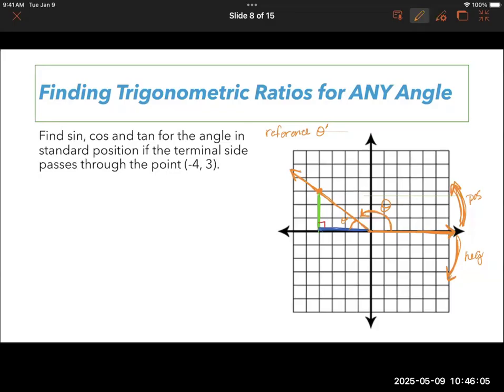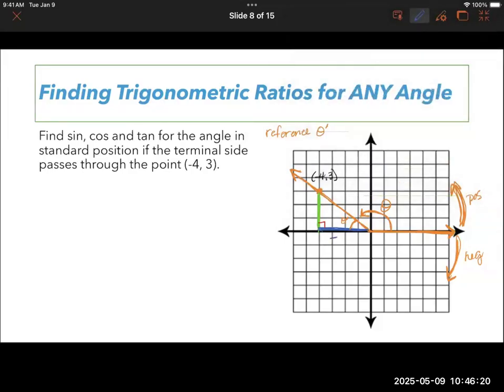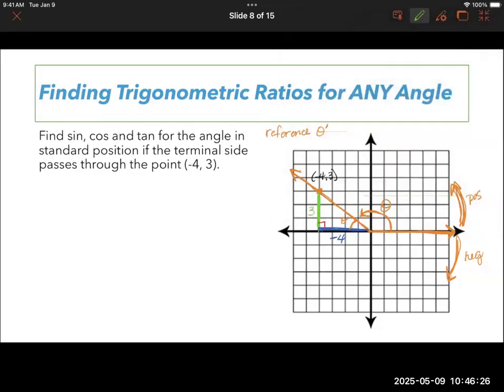All right, so how do I find my distances? Well, this was the point (-4, 3). That means I went -4 units here, and then I went 3 units up.